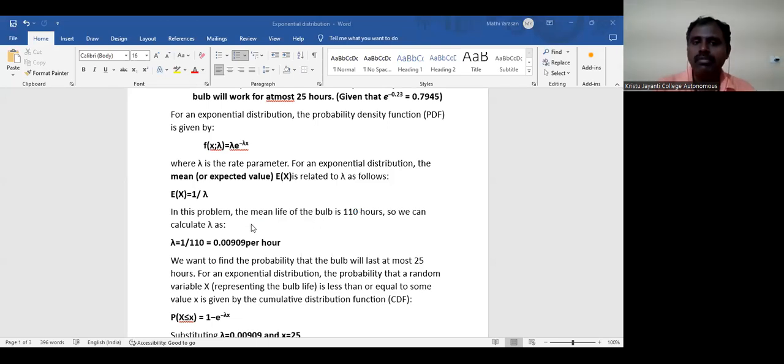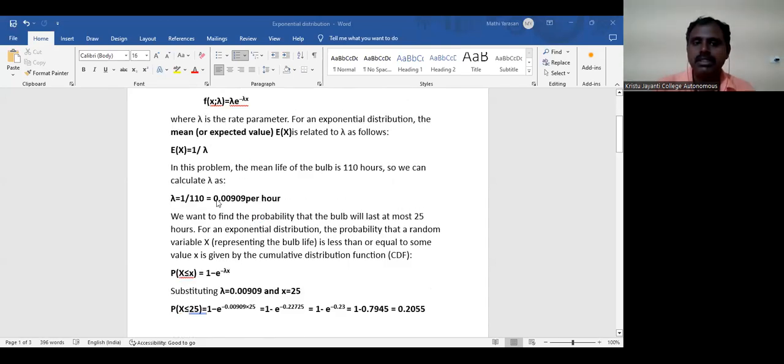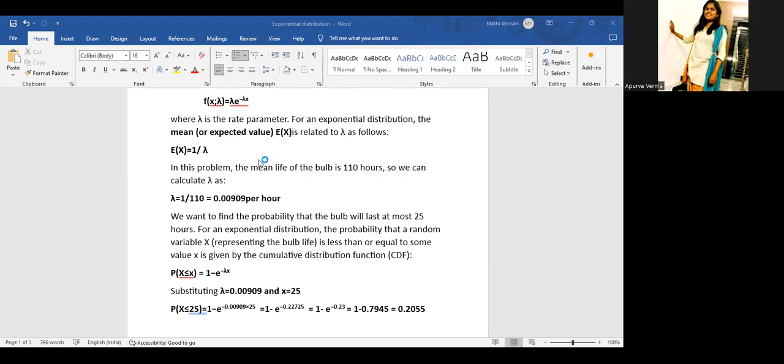Now from this, we have to find the lambda value. By using this expression, can we write lambda equal to 1 by E of x? Is it correct? Yes, sir.